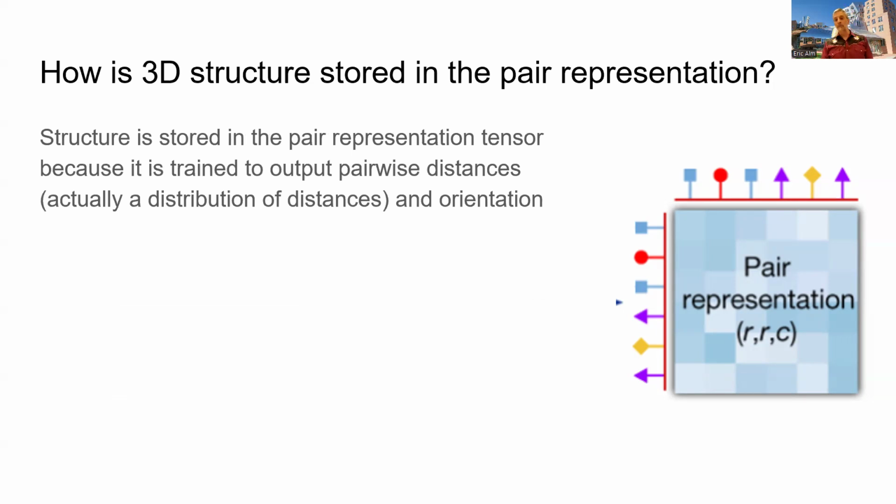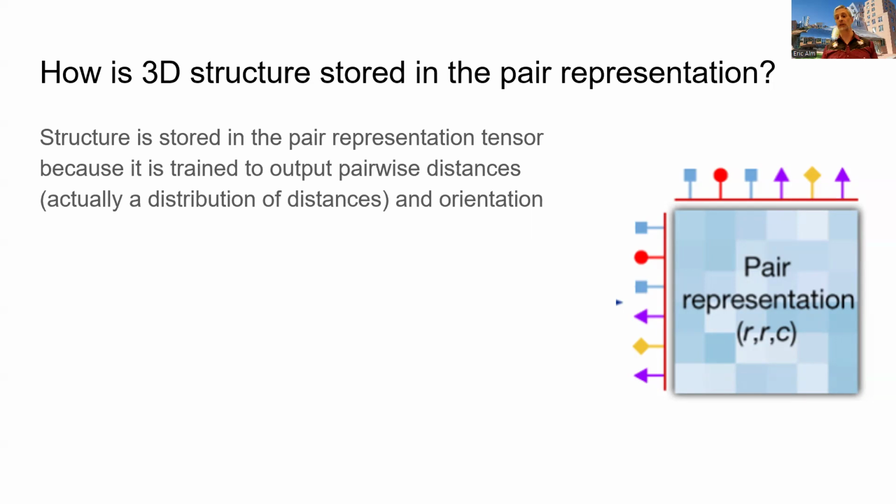Okay, so because we're training it to output the distances between residues, and it actually outputs a probability distribution of distances in a bunch of different bins, because we're predicting that, we know that this matrix has enough information to store these distances.